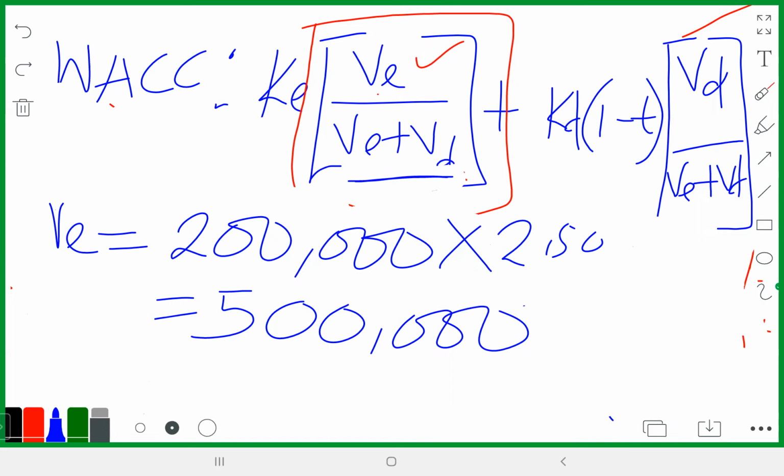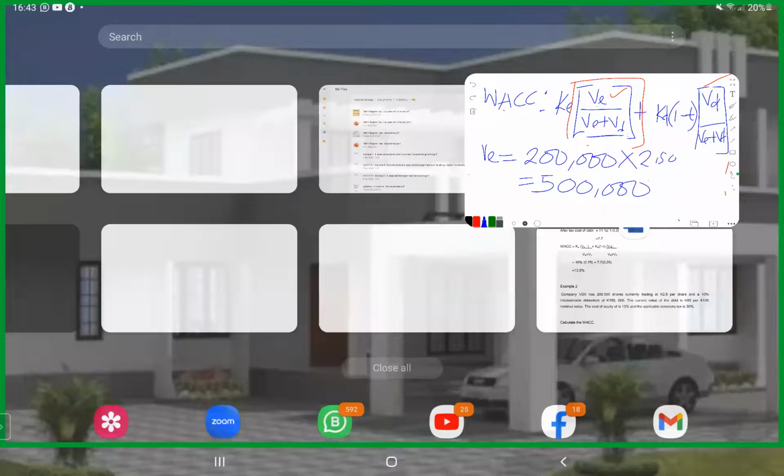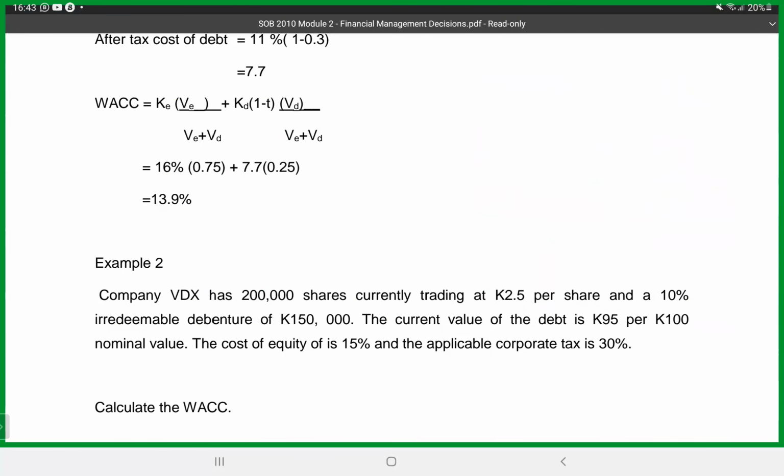Okay, I was saying we are looking for the value of equity. How much equity do we have? There is a question here. It says that this company has 200,000 shares currently trading at 2 kwacha and 15 ngwe per share, and a 10% irredeemable debenture of 150,000.